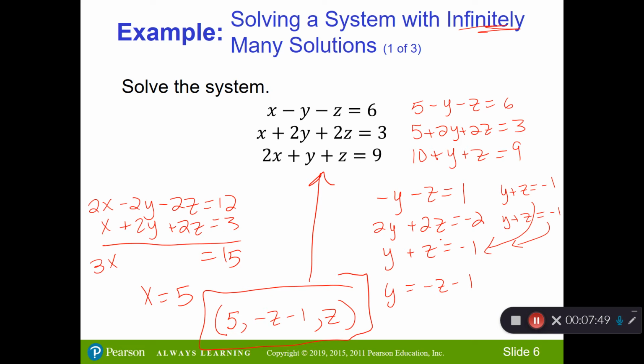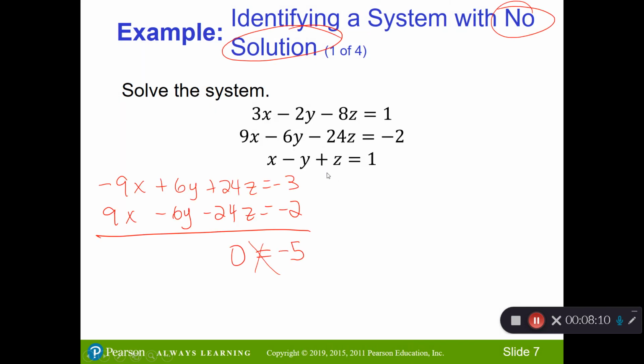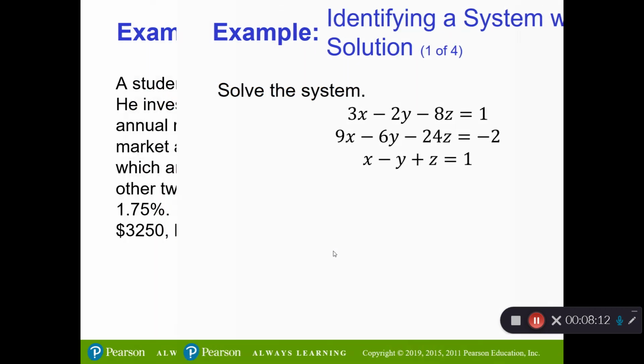For example, if I had added this first equation to this third equation, I would have gotten negative y minus z equals 1 and y plus z equals negative 1. Add them together, 0 equals 0. That's a true statement. That's the infinitely many. A false statement is no solution.